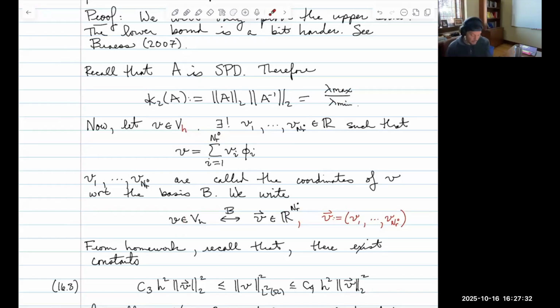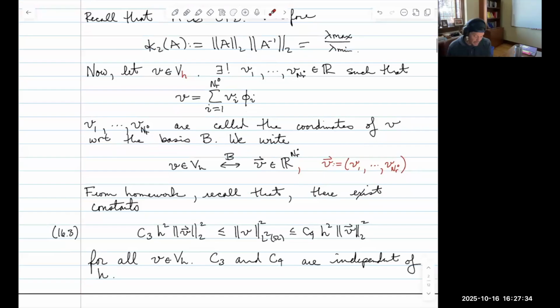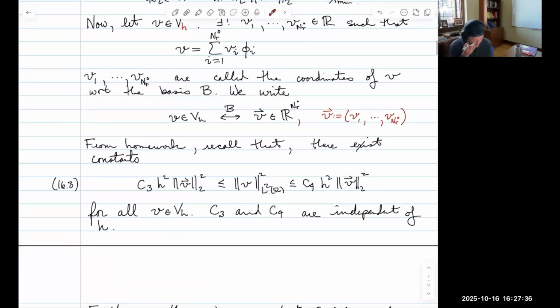Now, from a homework problem, you're going to actually prove that there exist constants C3 and C4, which are independent of h, such that, if I'm interested in the L2 norm of v squared, okay, so this is a function in my finite element space. I want to take the L2 norm of that. Of course, that's just an integral.